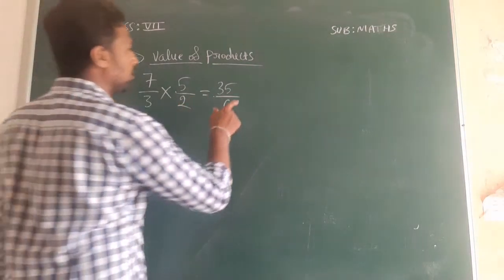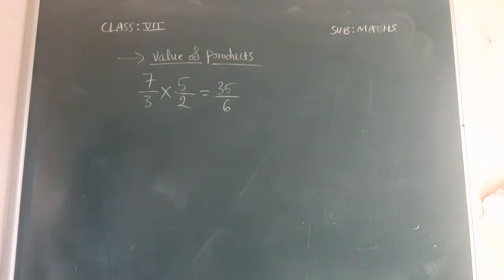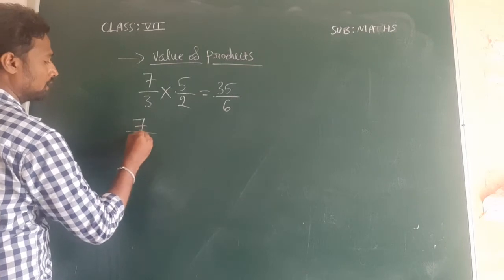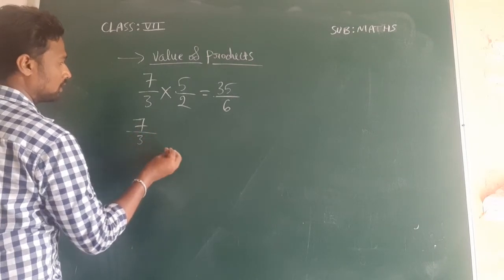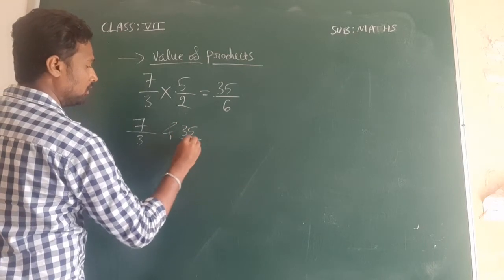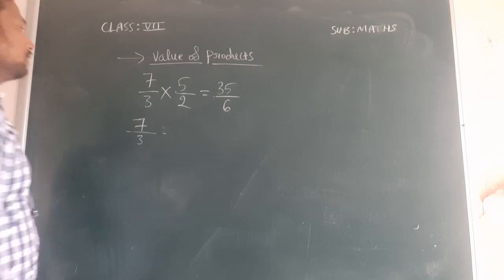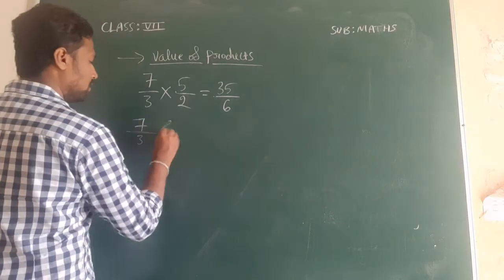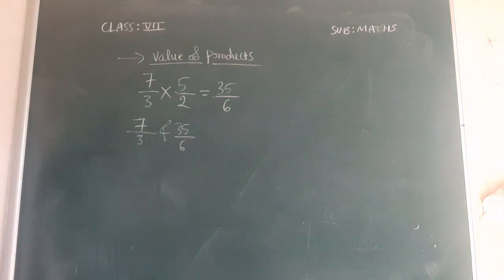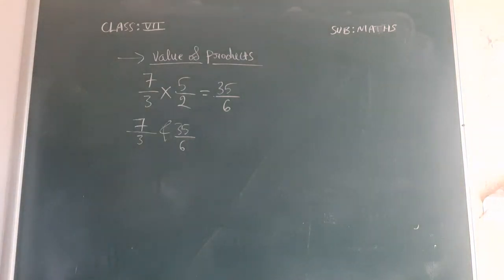Now I will compare this product, or the answer, with each of the factors. First I will compare this with 7 divided by 3. I have 7 by 3 and 35 divided by 6. To compare that, first the base should be the same. Here we have 3 as base, here we have 6 as base.